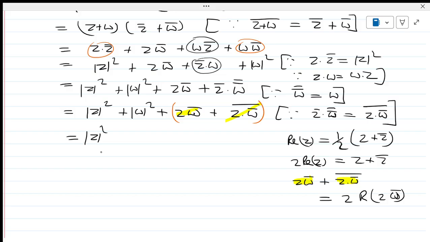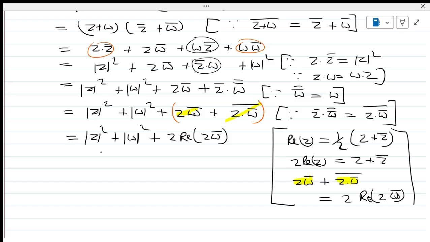So we have the square of the absolute value of z plus the square of the absolute value of w, and plus two times the real part of z into w conjugate. With this property we have applied that.